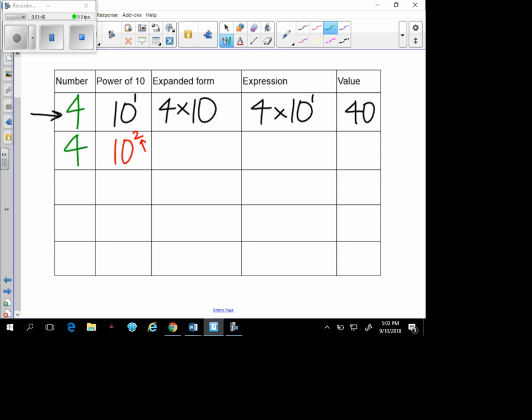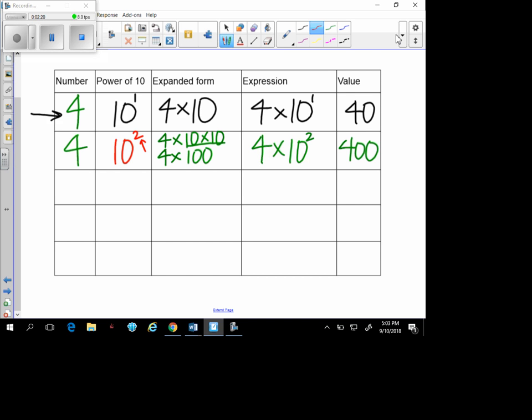That's actually going to look like this: 4 times 10 times 10. Another way we can show this, though, is 4 times 100, because 10 times 10 equals 100. For the expression piece, that's going to be 4 times 10 squared, or 10 times 10. And 4 times 10 is 40, times 10 more is 400, or 4 times 100 is 400.